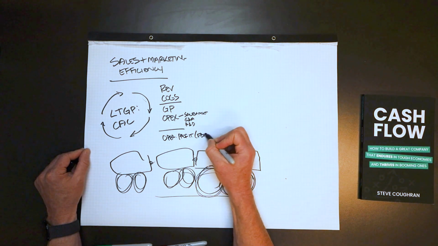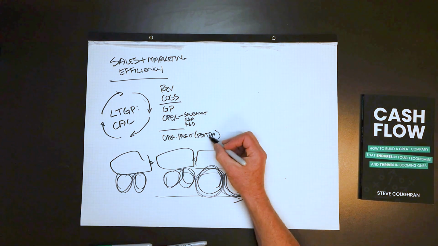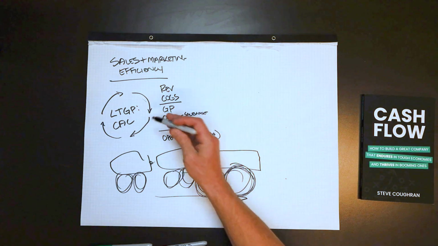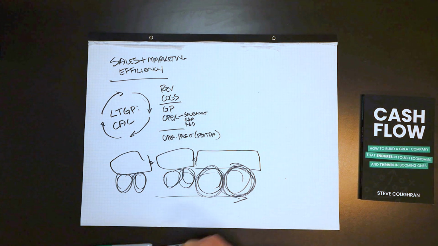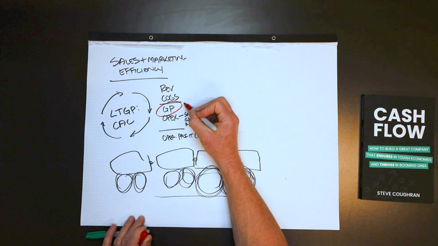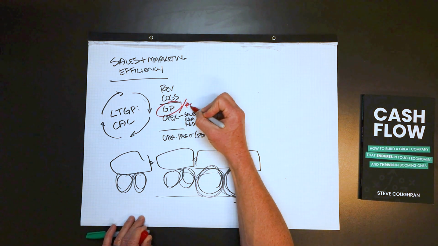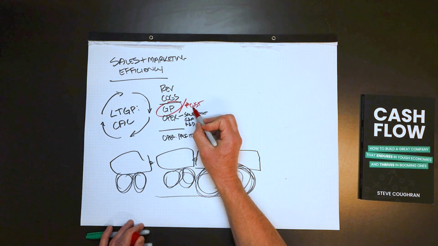Sometimes this is referred to as EBITDA, just depends on what's in these numbers here. All right, earnings before interest, taxes, depreciation, and amortization. All right, so to compute your lifetime gross profit of a customer, what you're going to do is you'll take gross profit and you'll just divide it by the number of customers in the same period. And that will tell you the gross profit per customer.